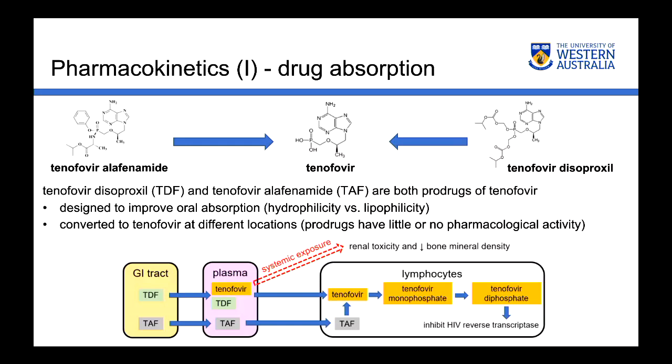So in that sense, not only how well the drug is absorbed matters, but also how these prodrugs are converted in our body can determine whether a drug will cause toxicity or not. So this is a good example to look at these two drugs, and where they are converted to tenofovir determines whether the drug causes toxicity or not.